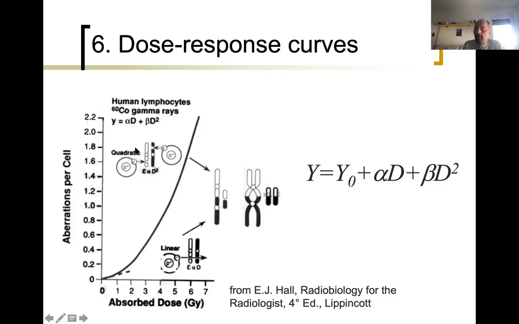But if you give the same dose in 1 minute, then you create these two almost simultaneously, and you can have a misrepair. That's why you have a curvature for high dose rate, and you lose it when you go to low dose rate. Next time, I will show you the heavy ions.